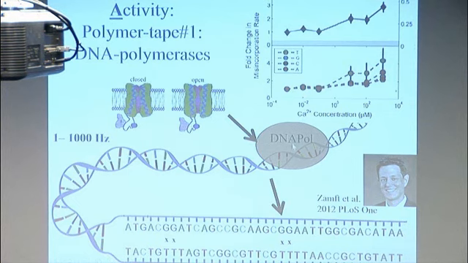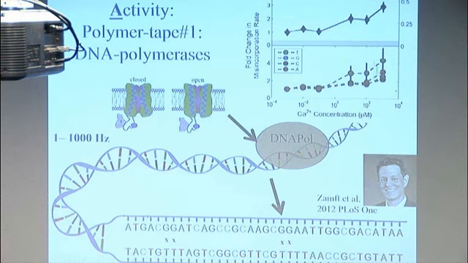Anyway, here's one example where we're literally monitoring calcium, and in the next example I'll show you we're monitoring nucleic acids. Here we noted that DNA polymerases in general have a sensitivity to divalent cations, so we could use mixtures of magnesium, manganese, and calcium to get a calcium response.